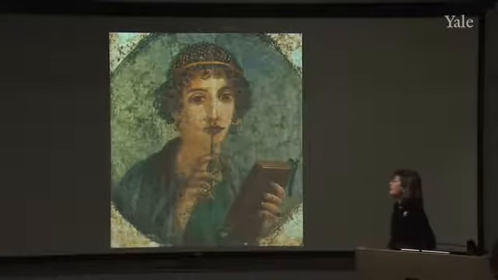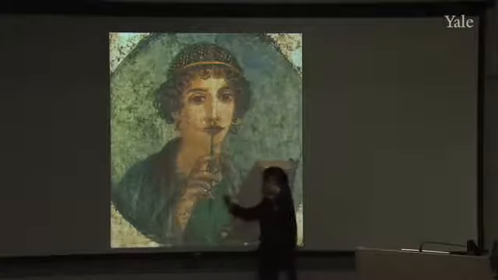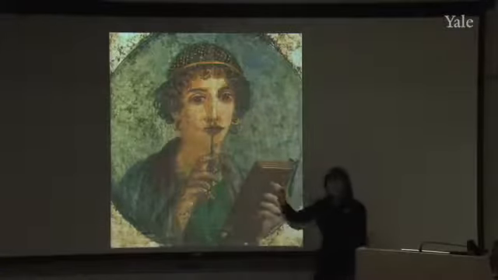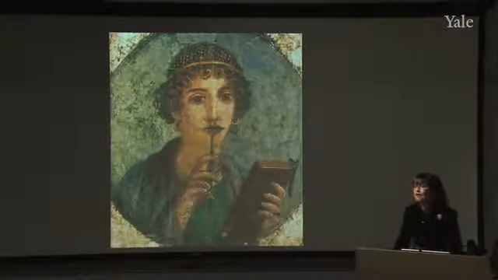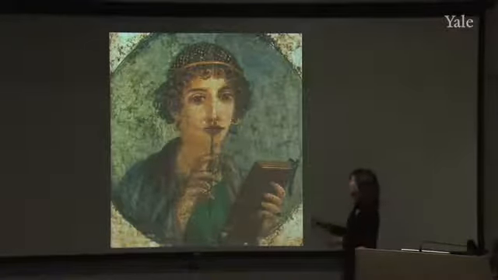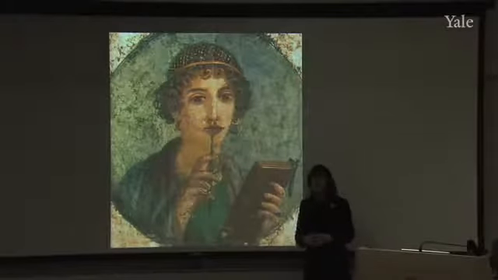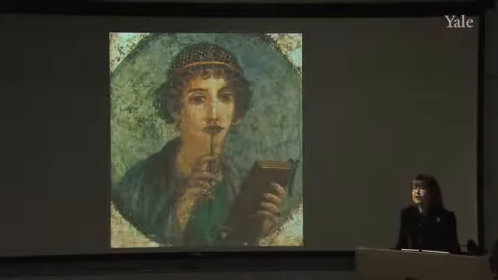It is probably a Pompeian woman, and she may not be thinking about the poetry that she's about to write, but perhaps the shopping list that she's putting together before she makes her way down to the central market of the city of Pompeii, or sends her slave to go down to the central market. But it may also be that she was literate and that she wants to underscore the fact that she was literate.